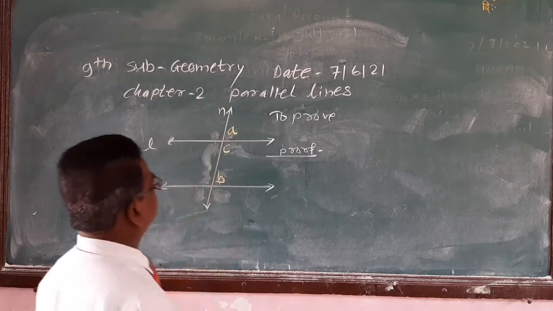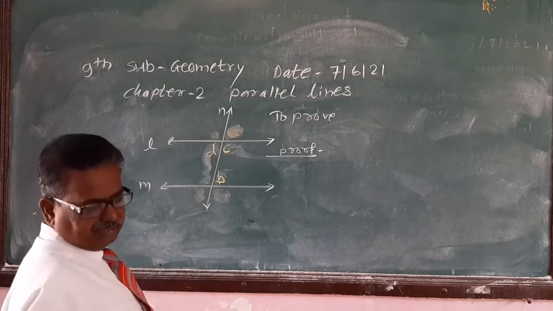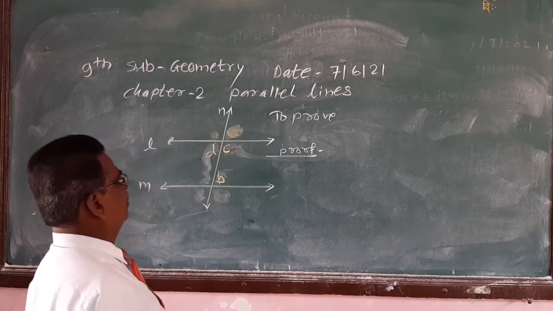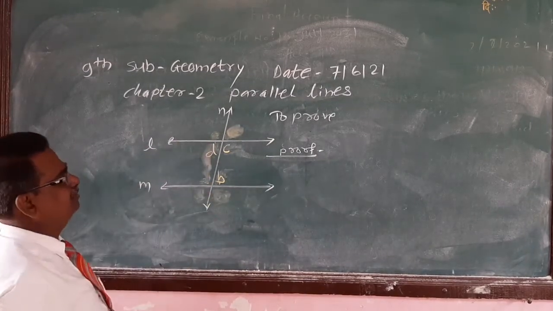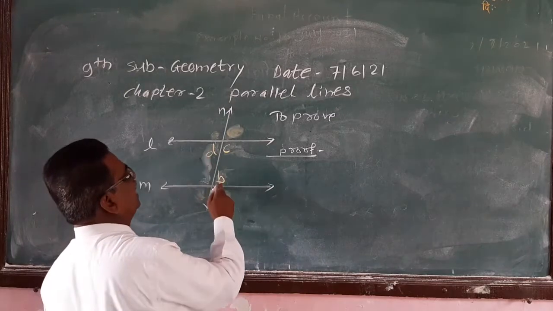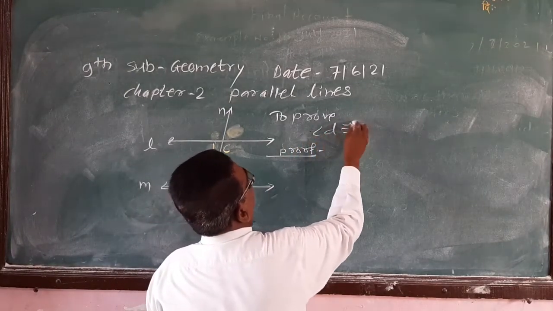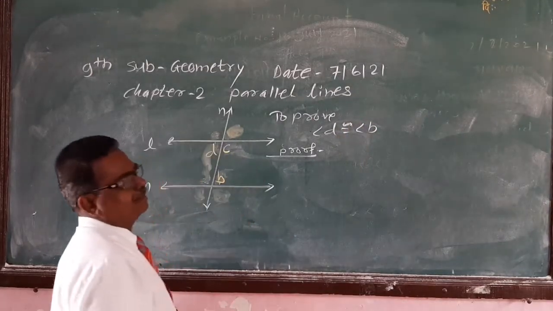Here D, C and B. Line L is parallel to line M, L is the transversal. We have to prove here alternate angles D, B. Angle D is congruent to angle B.